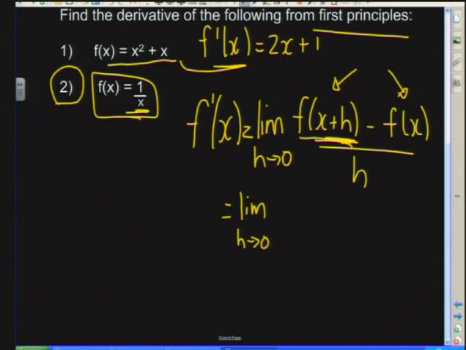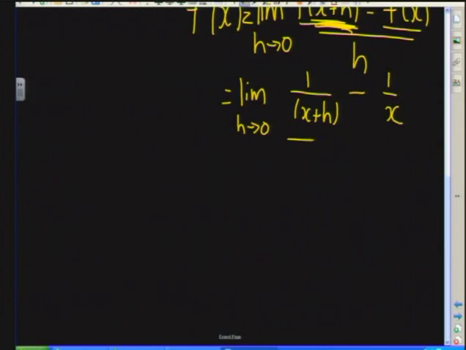So I'm going to get 1 over x plus h, because remember where there was an x, I'm putting in x plus h. All right, minus f of x. f of x is the original function, so the original function is 1 over x. And this is all over h.